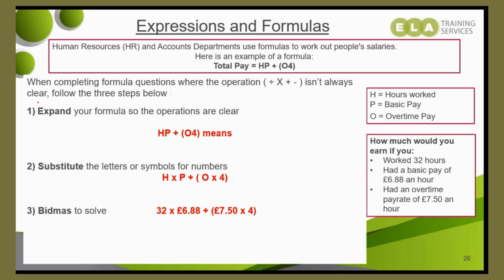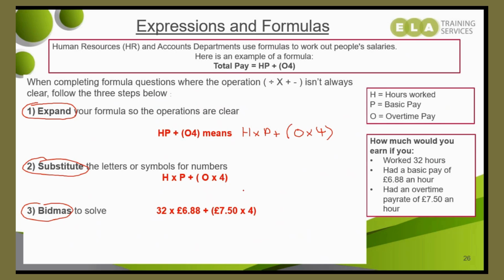So the three words that I want you to remember whenever you're dealing with formula: expand, substitute, and Bidmas. So first, expand your formula so the operations are clear. So HP add 04 actually means H times P add brackets O times 4.